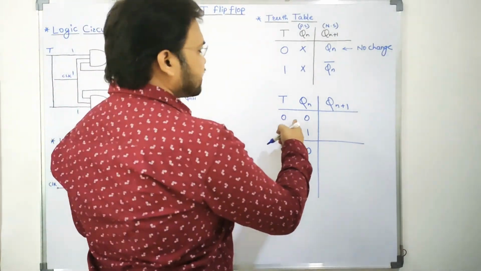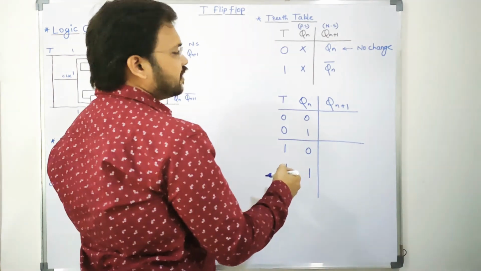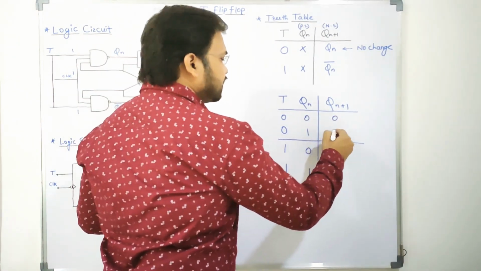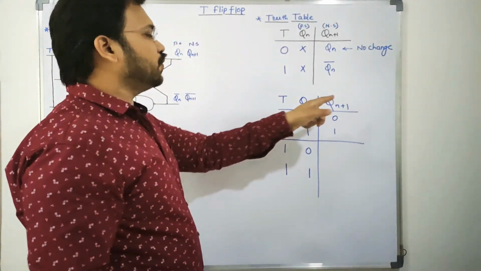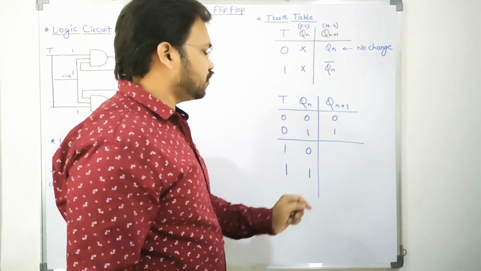So here, as T is 0, we have the same, that is Qn is 0 and this is 1, because Qn plus 1 is equal to Qn.